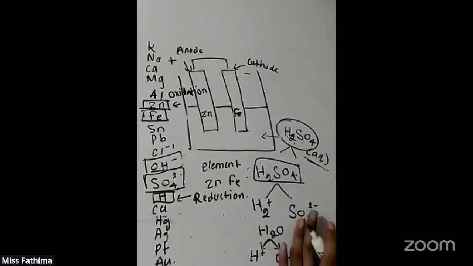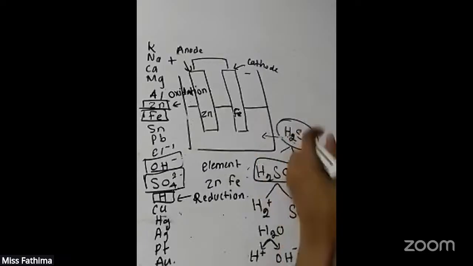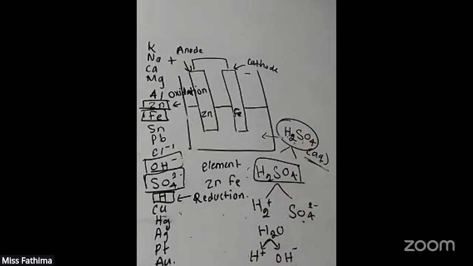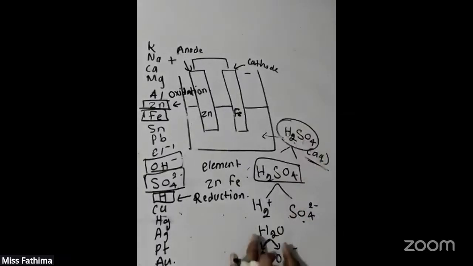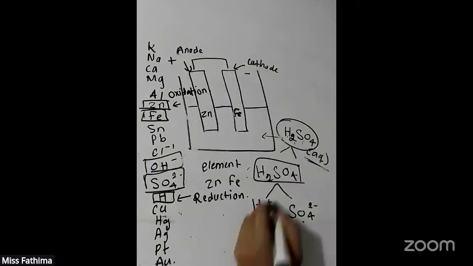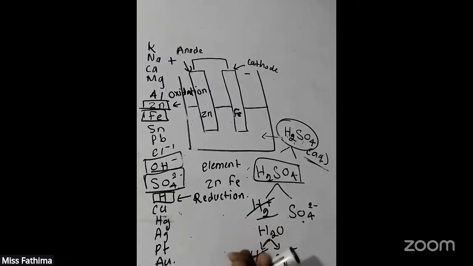Then the sulfuric acid is in the aqueous medium. Aqueous medium means you have a substance with water. If you take the water molecule and break it down, you will have H+ and OH-. You should write the hydrogen ion only once.